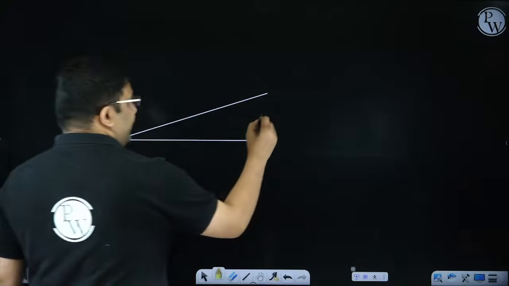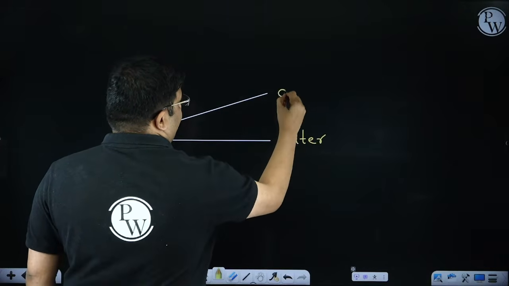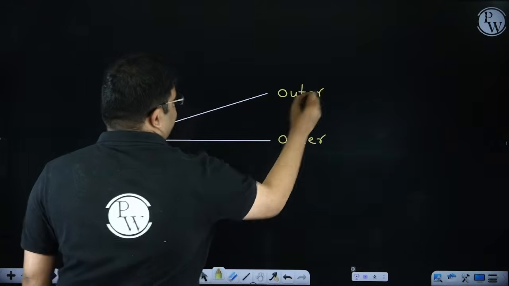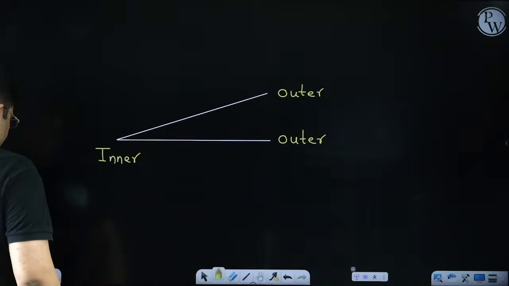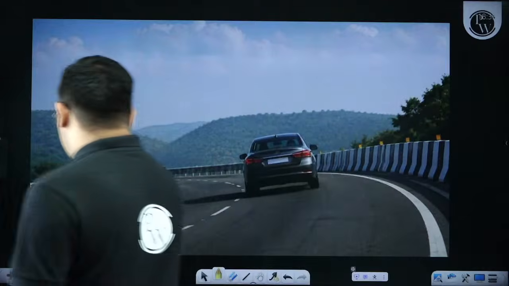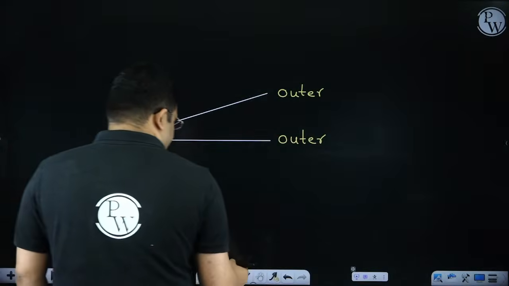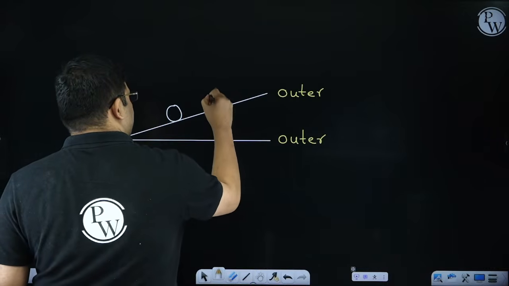So what we are basically doing is raising the outer edge with respect to the inner. And therefore, we can see that the vehicle is also tilted in this case. I'll just draw a tentative vehicle diagram. So these are the two wheels.